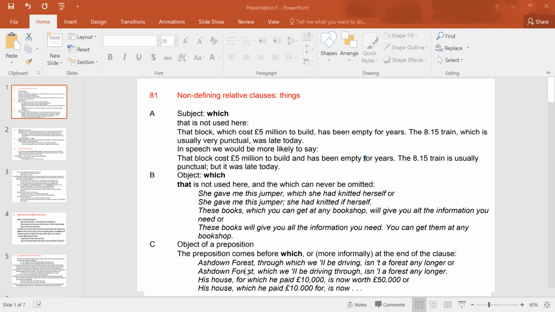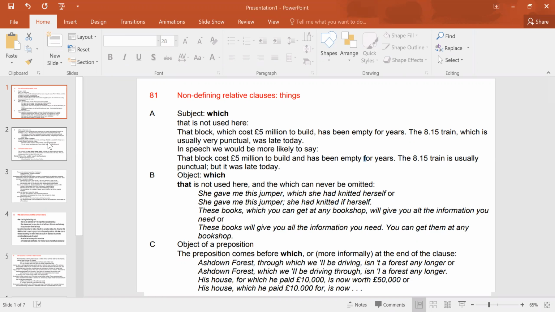In the first example: Ashton Forest, through which we will be driving, isn't a forest any longer. You can also say this example in this way: Ashton Forest, which we will be driving through, isn't a forest any longer. Here you are using which, and then you are moving the preposition to the end of the clause. So this second sentence is informal and the first one is formal. And the same is the case with the next example as well.